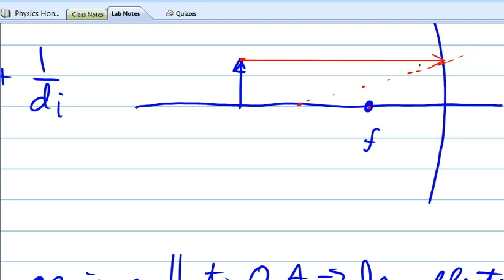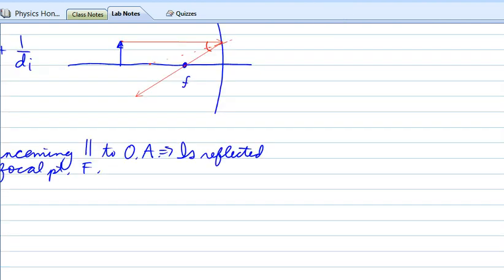Okay? And I can apply the law of reflection, which says that theta incident will be equal to approximately theta reflected, and so if I do a new ray, it will start here and it will travel through the focus. Okay, so it's not perfect, but you can kind of get the gist of what's going on here. That is the first principal ray.